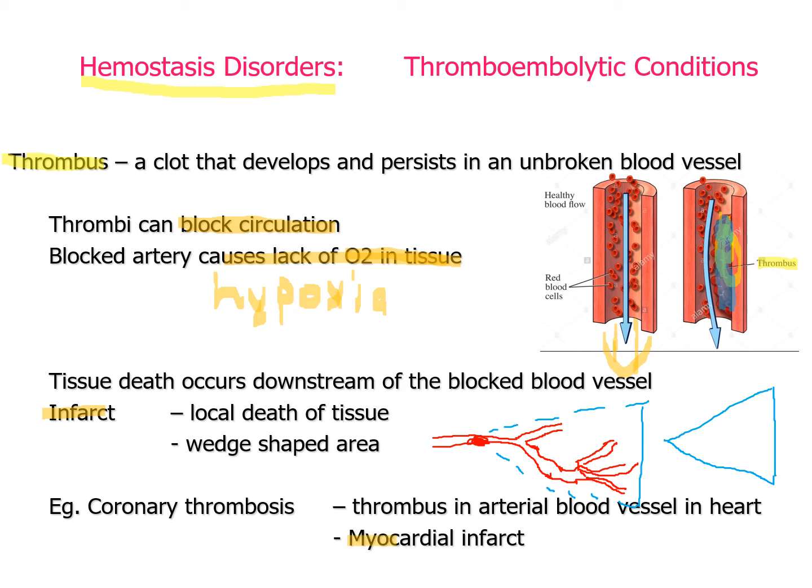You'll get a myocardial infarct. So this is tissue death downstream of a thrombus within the myocardium, the muscle of the heart. And that's basically the real term for a heart attack, a myocardial infarct, or MI.